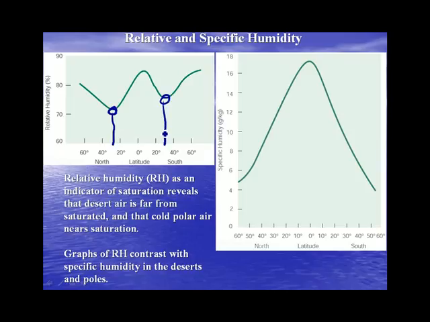And so we can say that while there may be a lot of water vapor in the desert regions, with the extremely high temperatures, the air can hold more water vapor, so it's further away from saturation. That's why we were saying that it depends upon what type of formula you're using. If you're using specific humidity, then 30 degrees north is showing more moisture compared to 40 degrees. But if we use relative humidity, the actual values are still the same. However, they're further away from saturation.